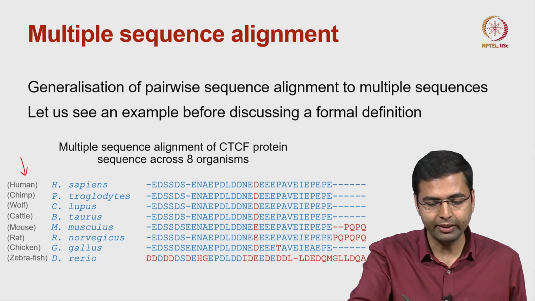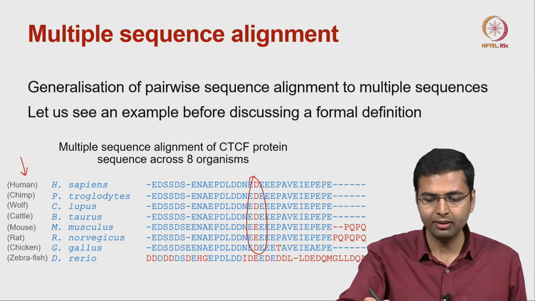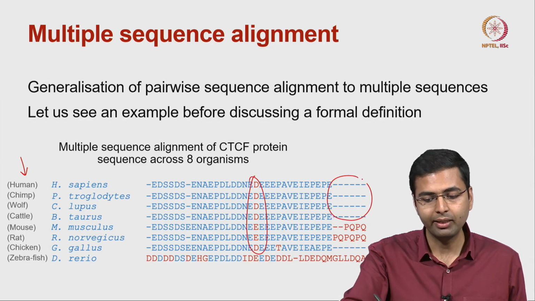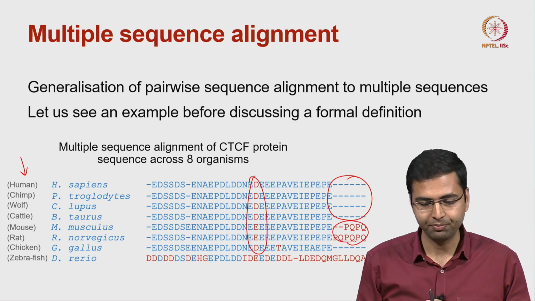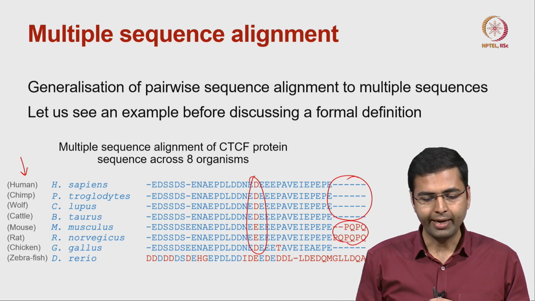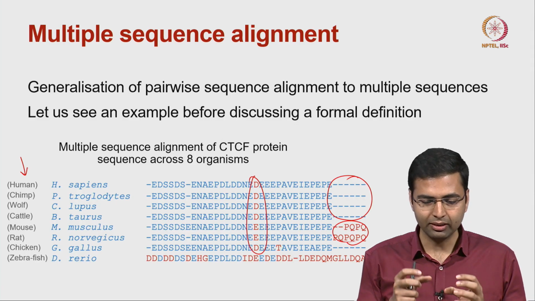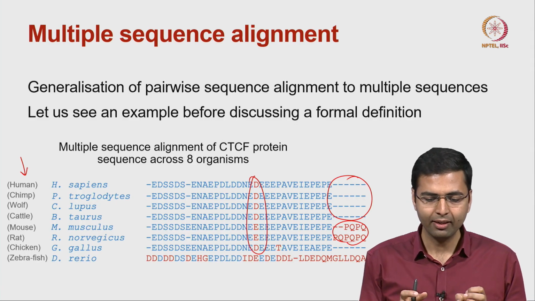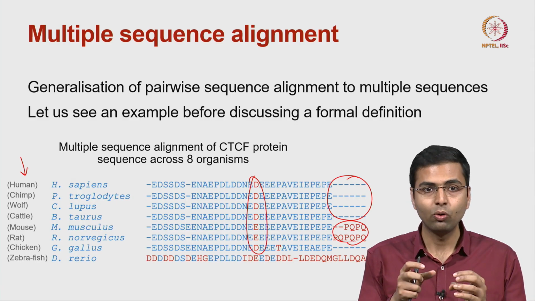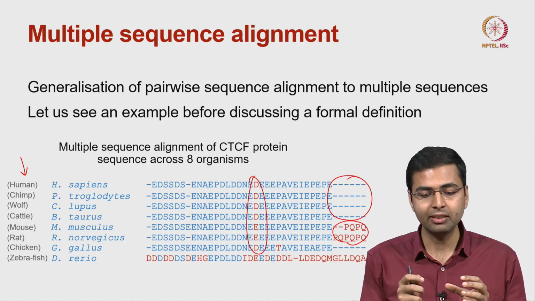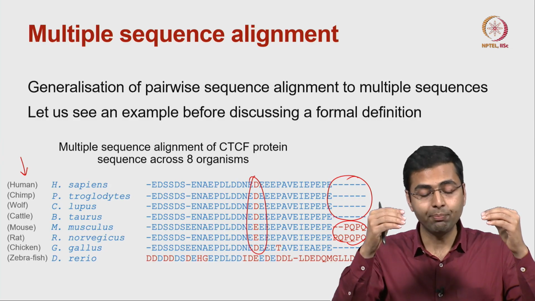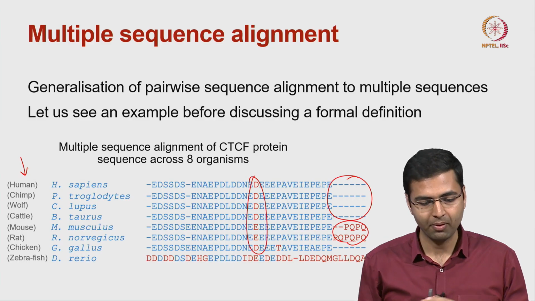These mutations can be substitutions, or you may have deletions or insertions in the sequences. I hope you recollect, this is very similar to pairwise sequence alignment, except that we want to allow character substitutions, insertions and deletions in multiple sequences together.